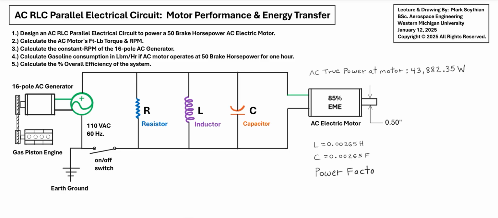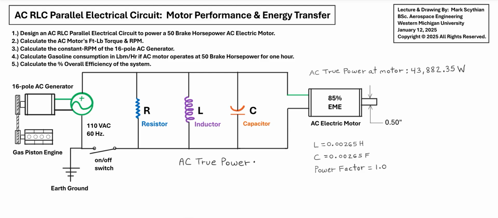Since we're matching the L, the inductance in Henrys, and the C, the farads of capacitance, thus a resonant circuit, we have a power factor of 1.0. L made equal to C, and then resonant frequency made equal to circuit frequency.